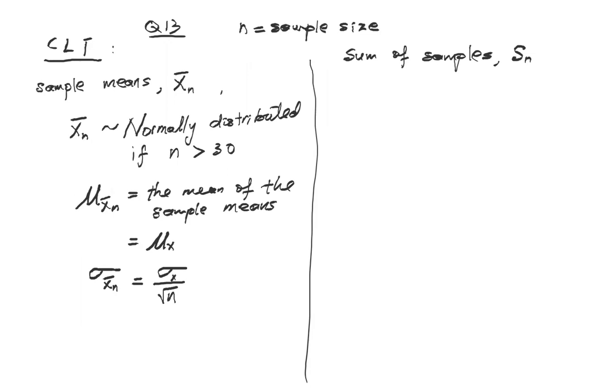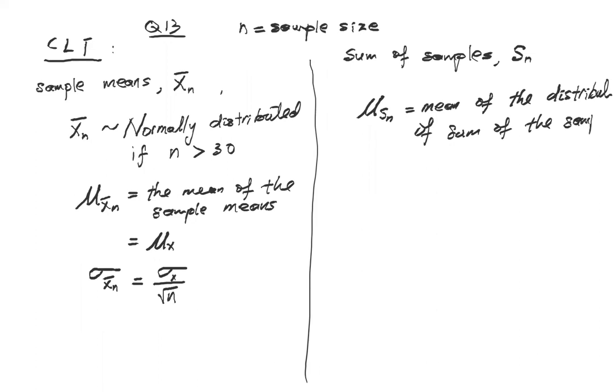For the sum of the samples, that means this is the mean of the distribution of the sum of the samples. My variable is the sum of the sample, so the mean will be equal to n times the mean of the population.